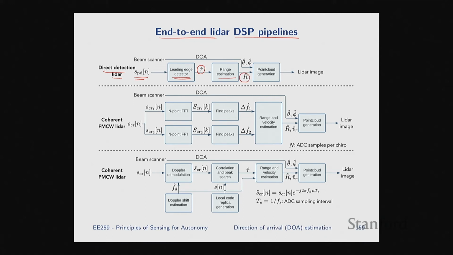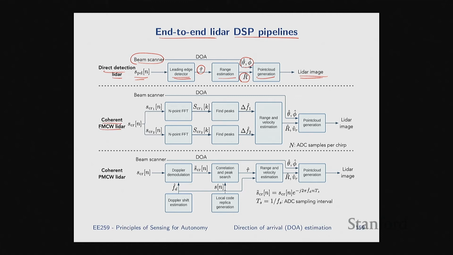And for DOA, you basically get that from your beam scanner, either read it directly back or from the model that you have. That gives you your theta hat, phi hat. And from the range and the azimuth and elevation angles, you can now build 3D representations in the form of, say, a point cloud, for instance. And that is the final LiDAR image that comes out. Okay, so that's your direct detection LiDAR.